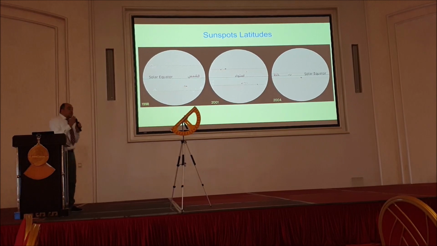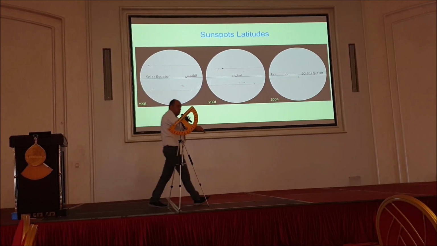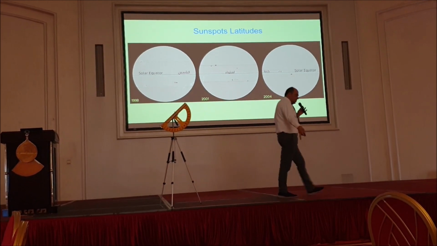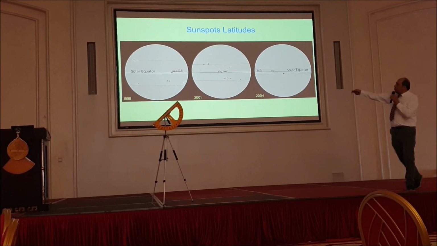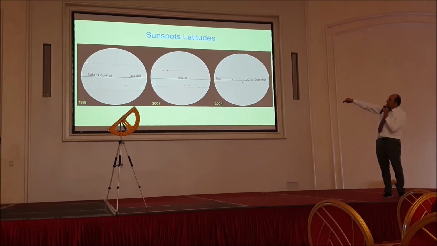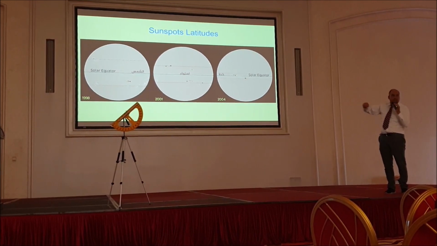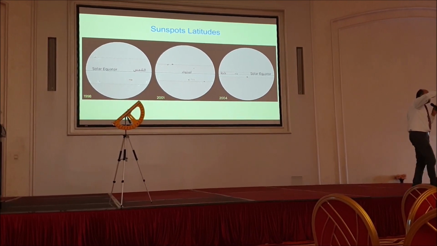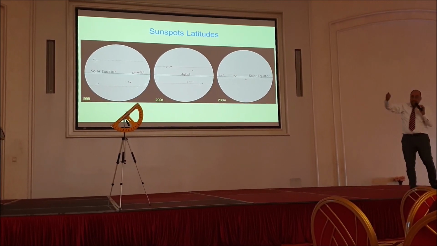At the beginning of the solar cycle, which started almost 2020, 2021, most of the sunspots start appearing high above the equator, almost 30, 35 degrees latitude.